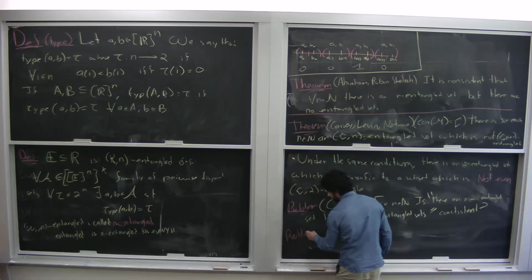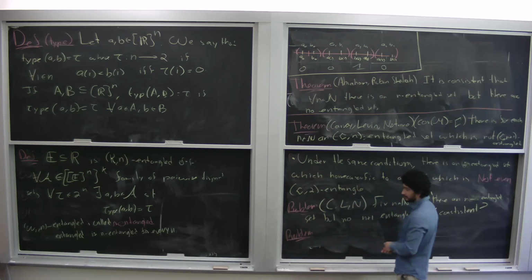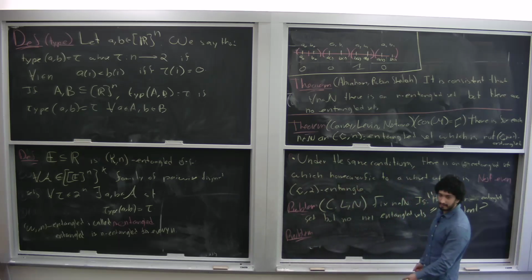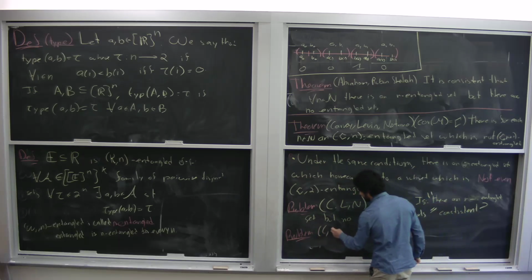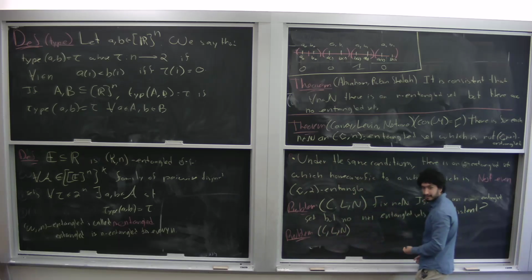Another problem which I will not talk about today because I do not have an answer yet, but it's worth mentioning, is whether it is consistent that there is a 2 entangled Suslin line, but no 2 entangled sets of the reals.